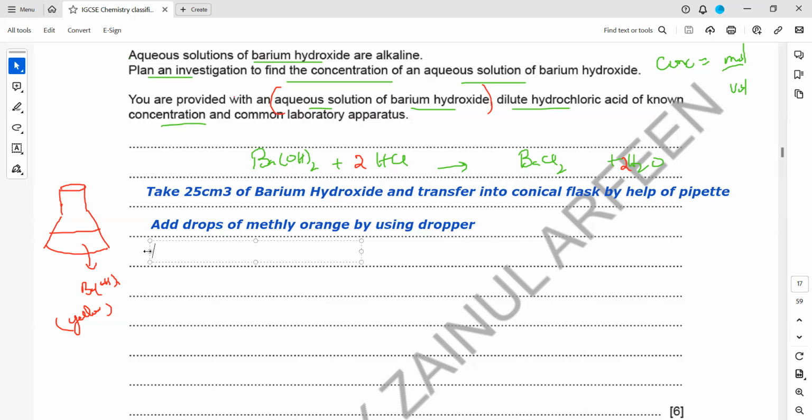Then we will fill the burette with hydrochloric acid. So a burette is there that is filled with hydrochloric acid.